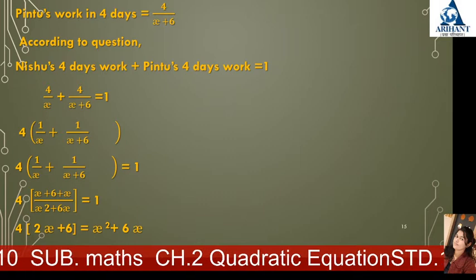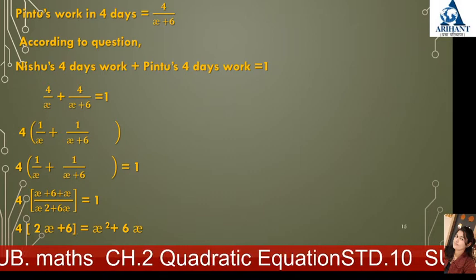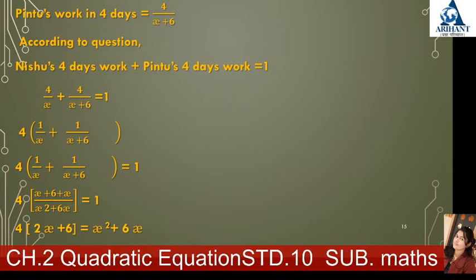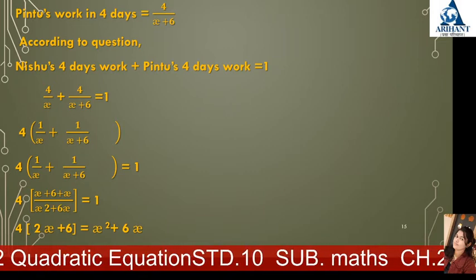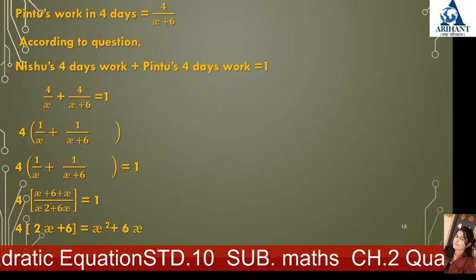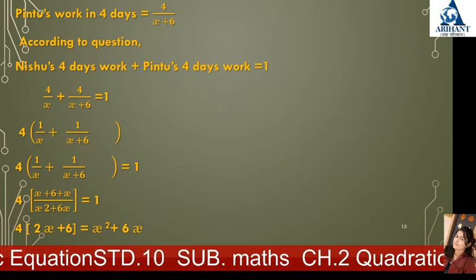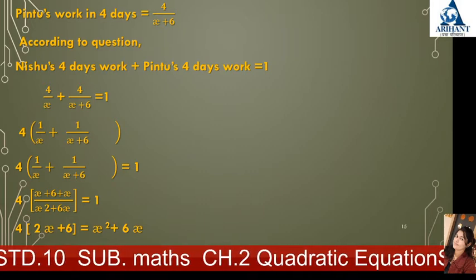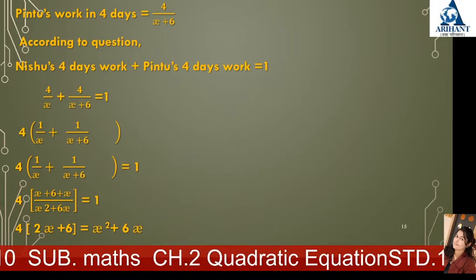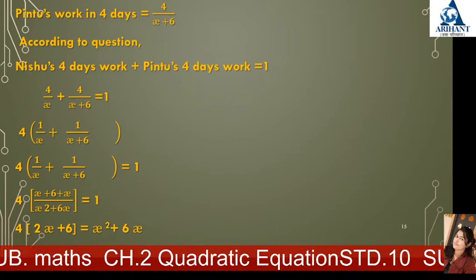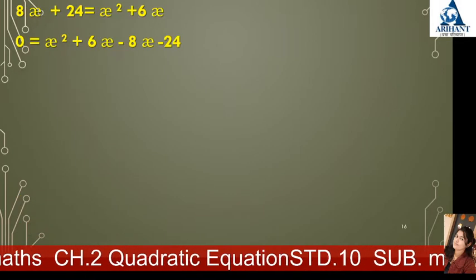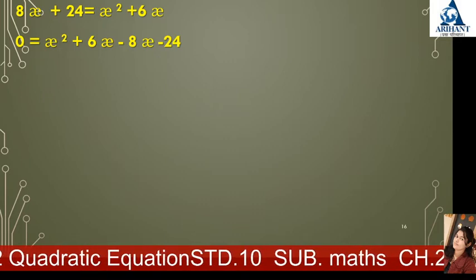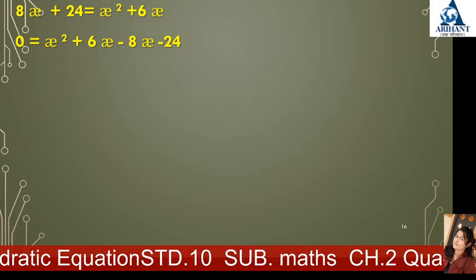So let's simplify it: 2x plus 6 is equal to, moving this denominator part to the right side, next to the equal sign, x square plus 6x into 1, so it remains as it is. So the next, 8x plus 24 is equal to x square plus 6x.